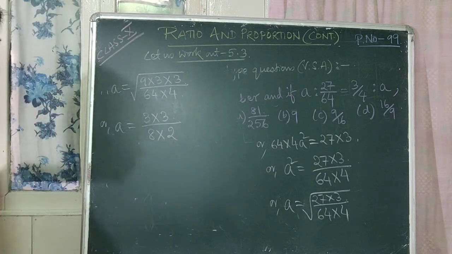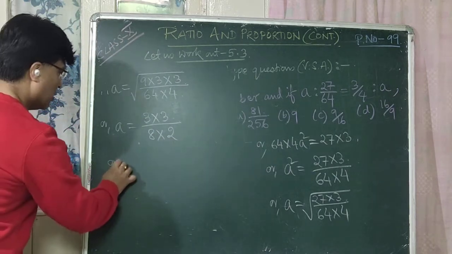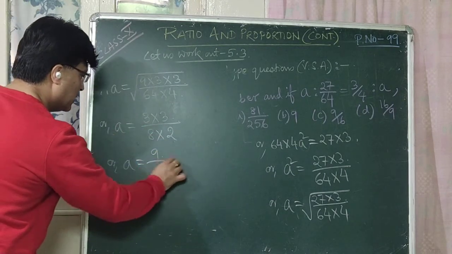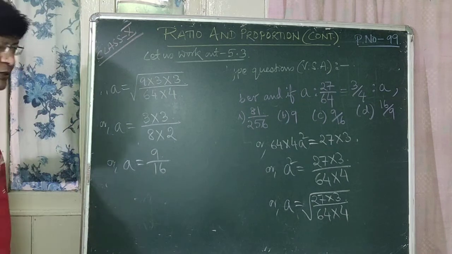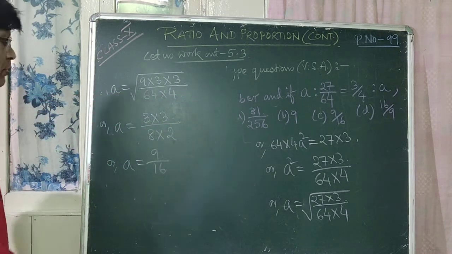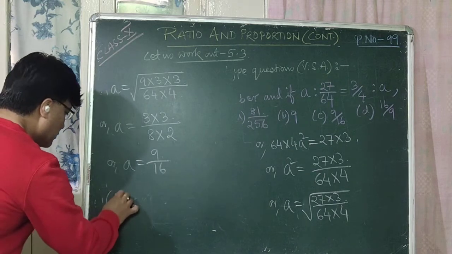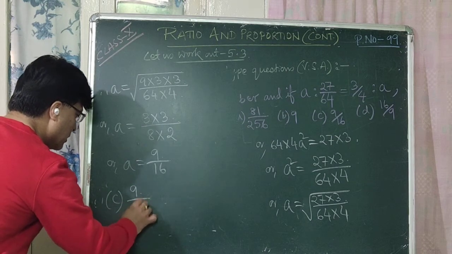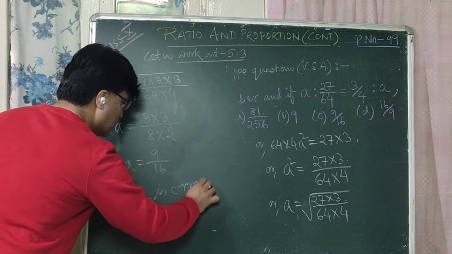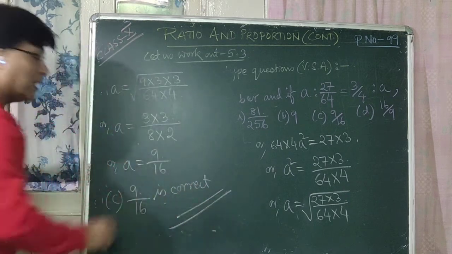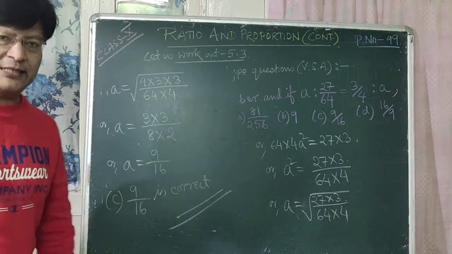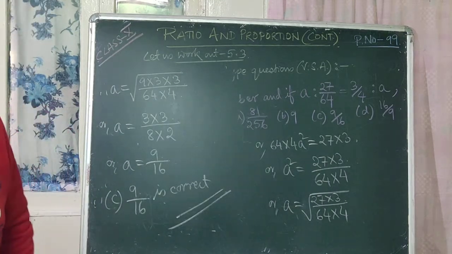That is 2. So a is equal to 3 threes are 9 divided by 8 twos are 16. So which is the correct option? It is number C. So 9 by 16 is the correct option, that is C. Right?